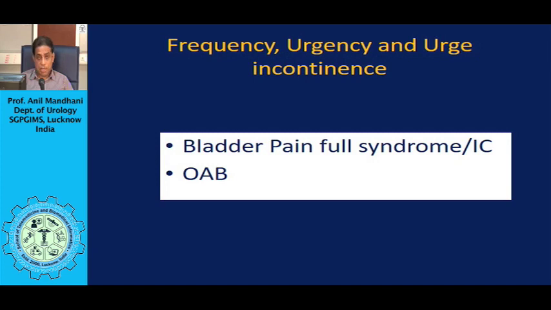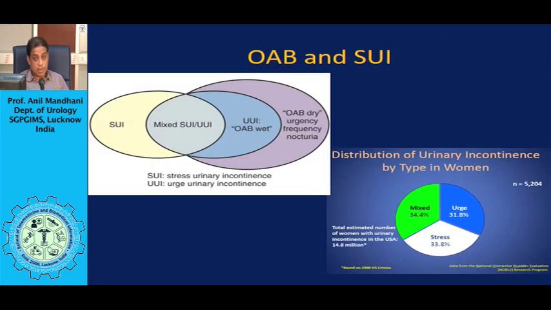But this comes with a side effect too, because it causes anejaculation in around 40% of the patients. So if the patient is sexually active, mind you, you need to be careful about prescribing alpha blockers, because silodosin should not be given to a patient who is sexually active.